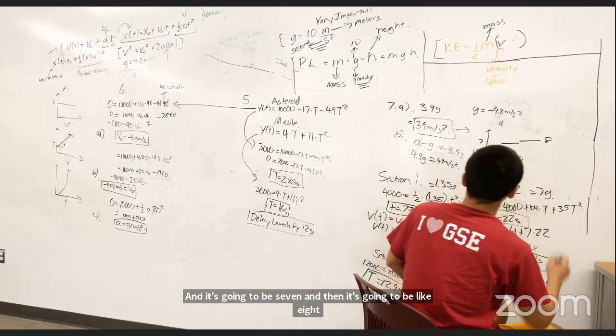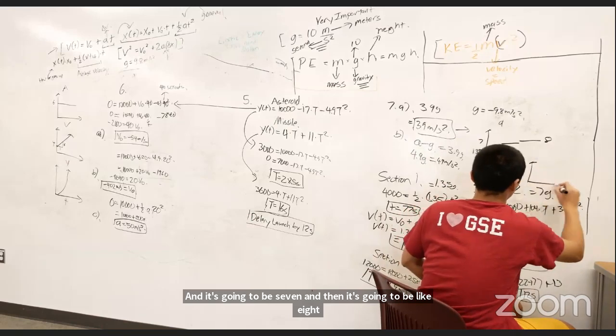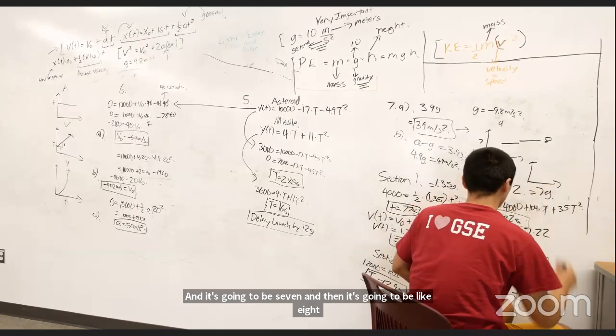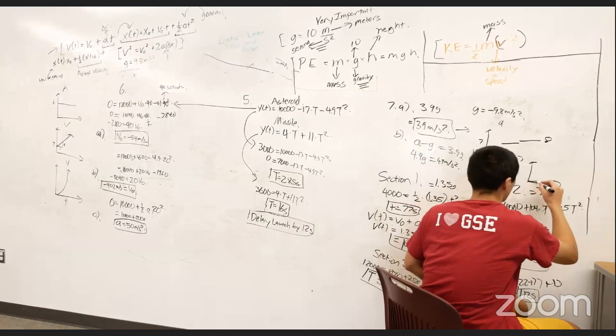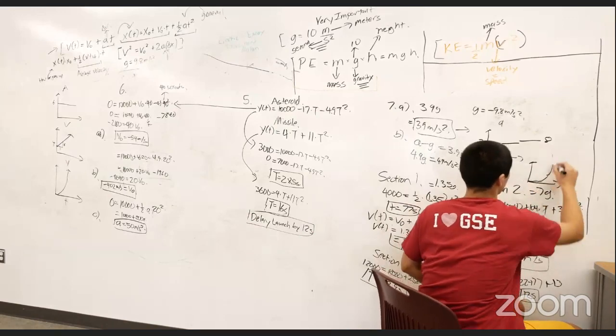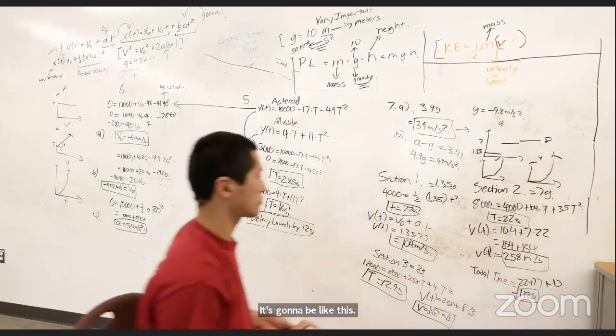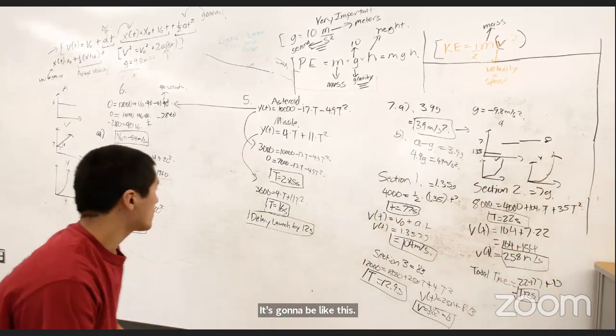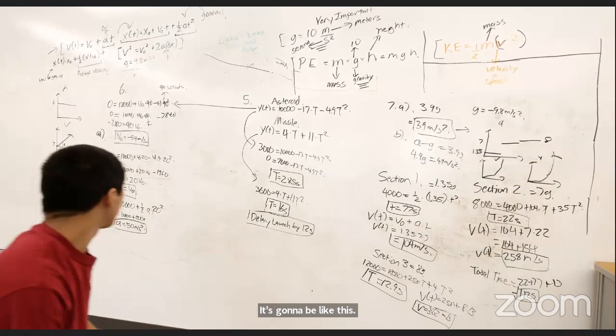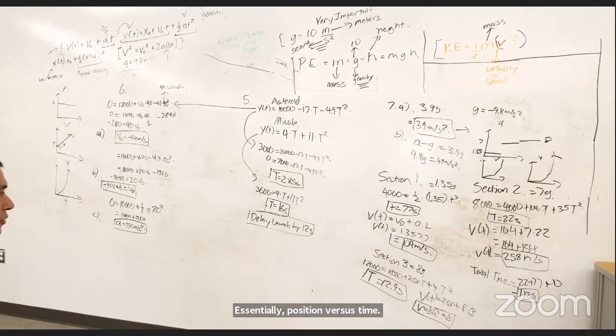Essentially, my position versus time is going to be like so. Hopefully that makes sense. I had to calculate a lot of stuff as I was going through it, so it's not going to be perfect. This should hopefully be right. Yeah, and let me know if you have any questions.